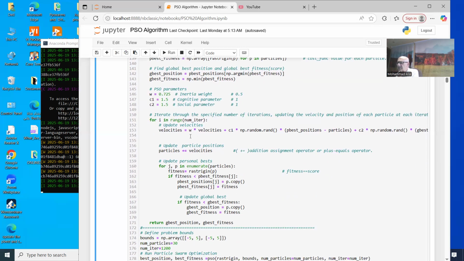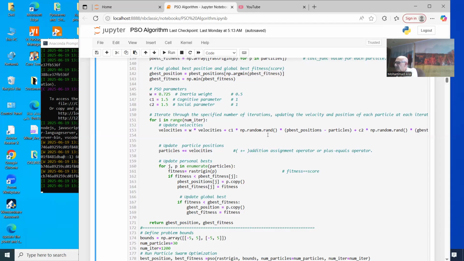And now we need to update the velocities. As we have said before, this is done by adding 3 components. The original one, which is the velocities multiplied by the inertia, plus C1 R1. This np.random.rand value is R1.